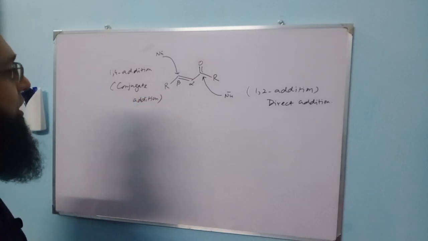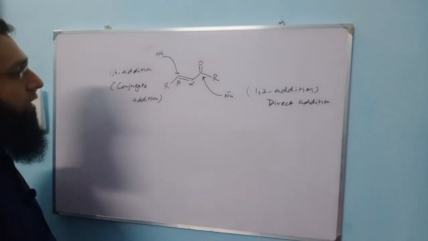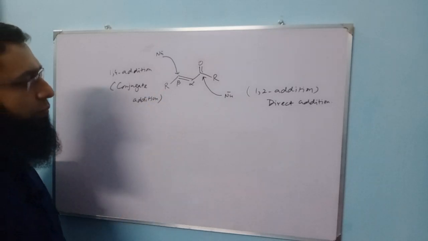Now we have to see which factors control the formation of 1,4 addition and can avoid the formation of 1,2 addition products.